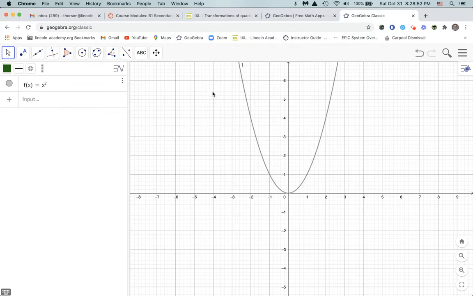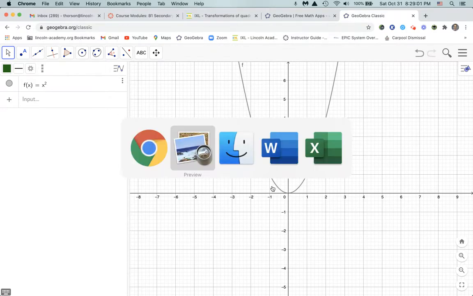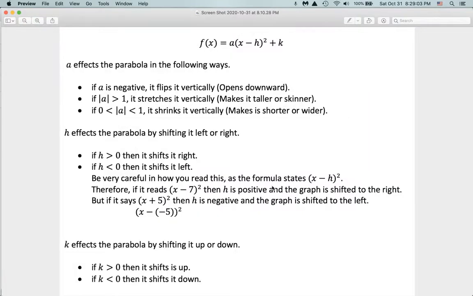Now, what I want to talk about is we are going to do some transformations. We're going to shift this quadratic into different positions. Now, to do that, I first want to go to this right here. And a good recommendation is to write this down so it can help you.